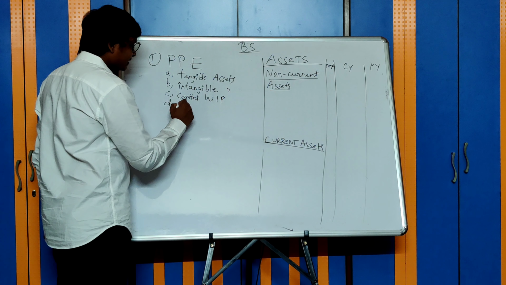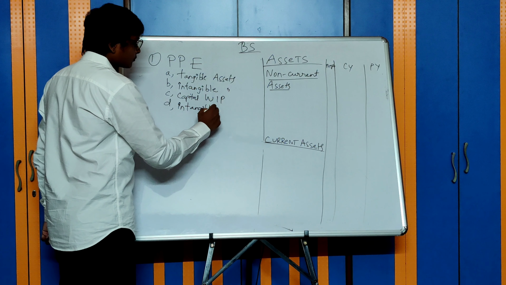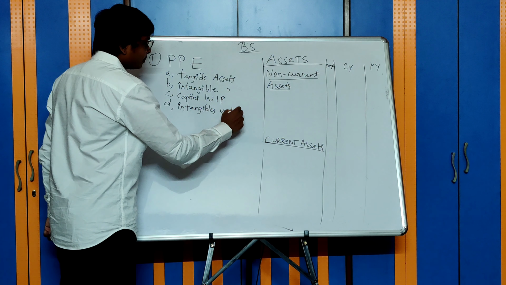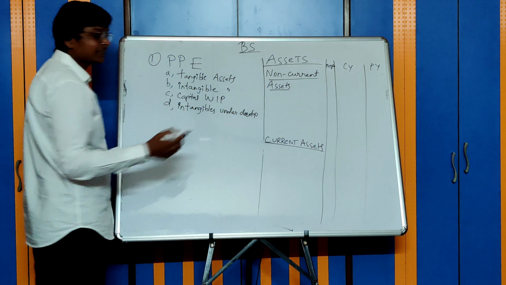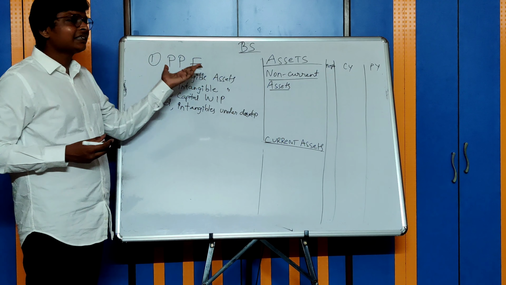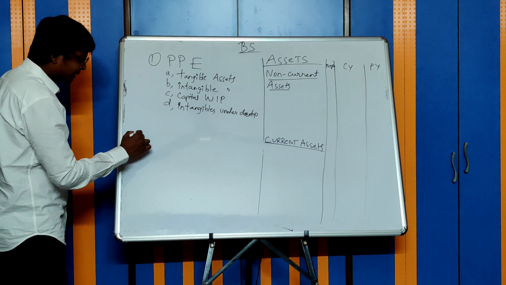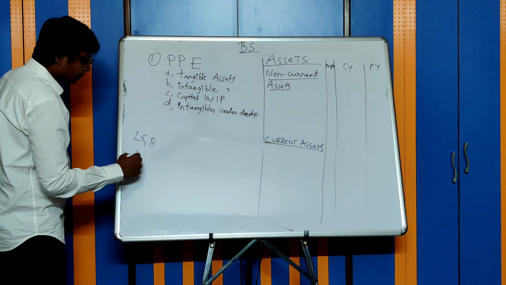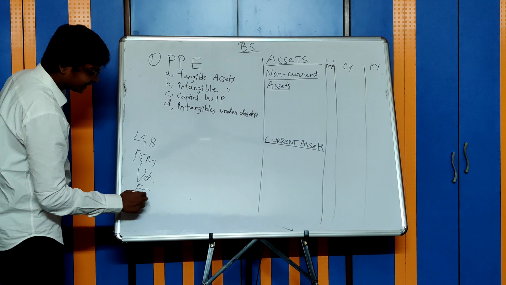And the fourth one is intangibles under development. What is this? Tangible assets and intangible assets, all of you know. Example of tangible assets: land and building, plant and machinery, vehicles, furniture and fittings.